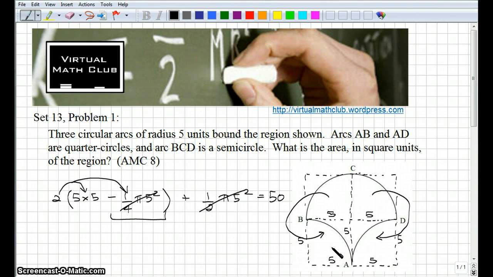And what would you be left with? You'd be left with a 5 by 10 rectangle. So that's the other way to do it, is if you recognize that you can cut this shape apart and rearrange it into a rectangle, then it's just 5 by 10, which is 50. Okay? So, a couple ways to do it.